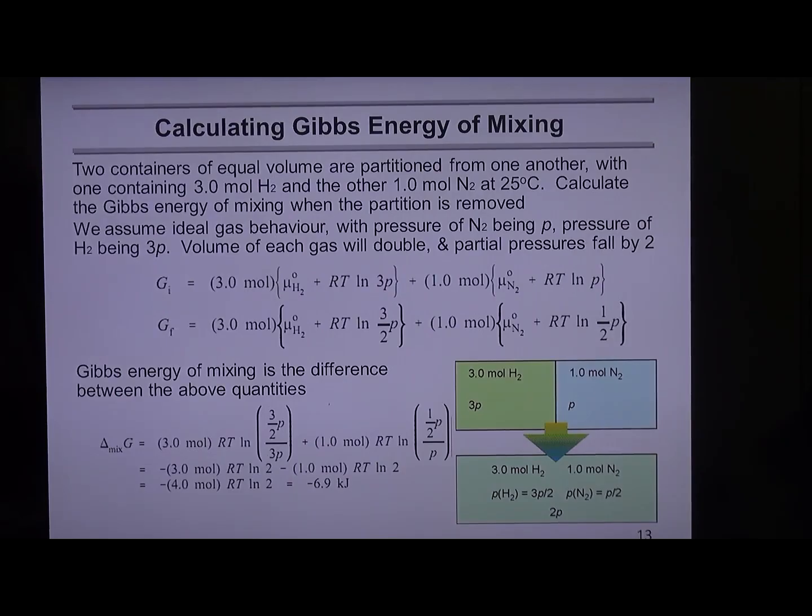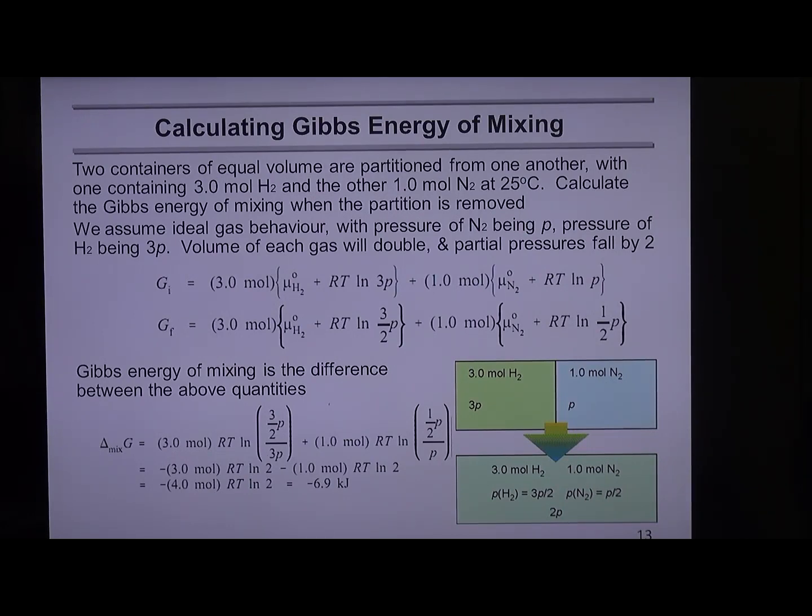Here is another example. Two containers of equal volume are partitioned from one another, with one containing 3 moles of H2 and the other 1 mole of N2 at 25 degrees C. Calculate the Gibbs energy of mixing when the partition is removed.